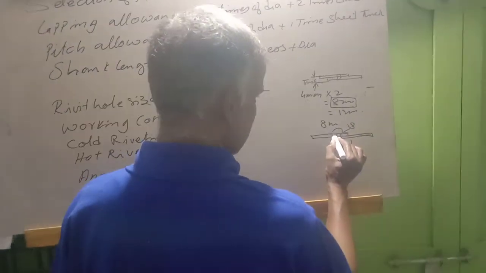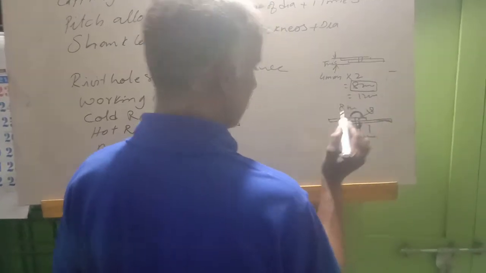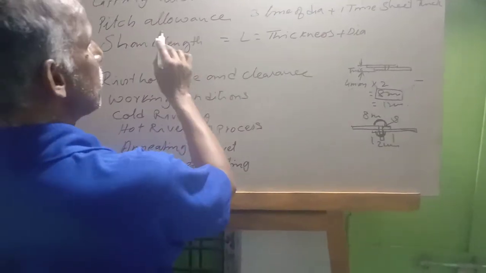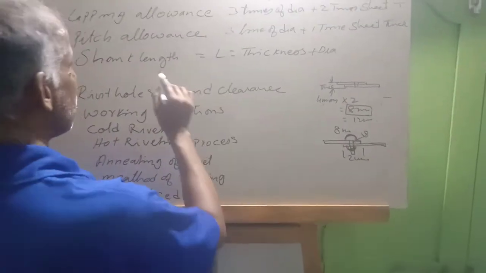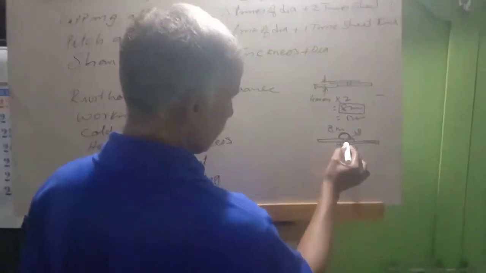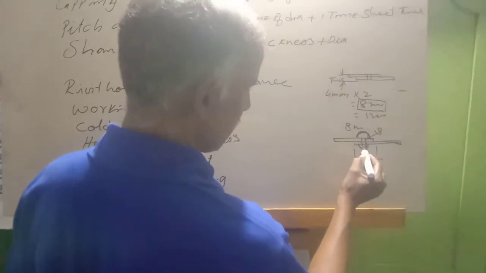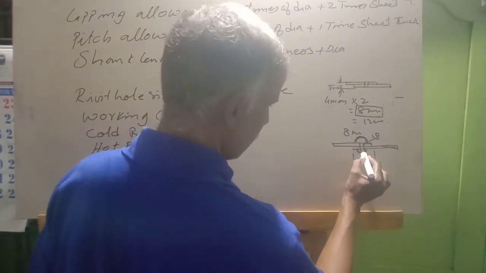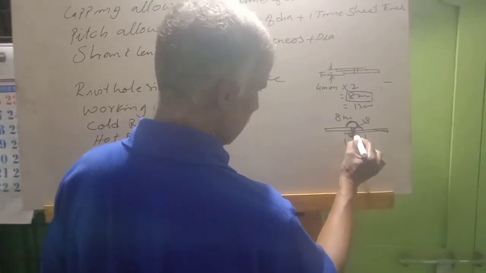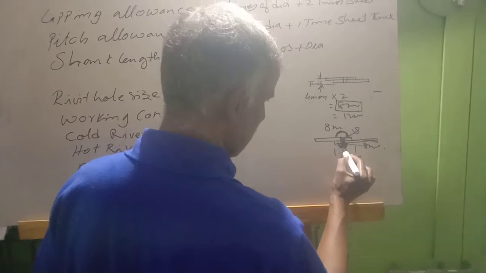To make the same head size, we take the pitch allowance. This is the length of the shank: 2 times the thickness and the diameter of the rivet. The diameter of the rivet is 8 mm. After putting the rivet in the sheet, the extra length of the tail should be 8 mm. So this will form the rivet.